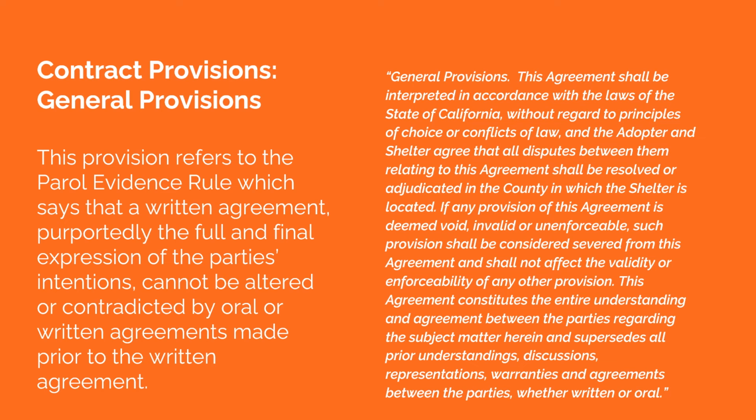And so I would say that it's really important for a shelter to have a general provision like this in an adoption contract to protect themselves and to ensure that all parties involved in the adoption are really clear on the terms of the contract.